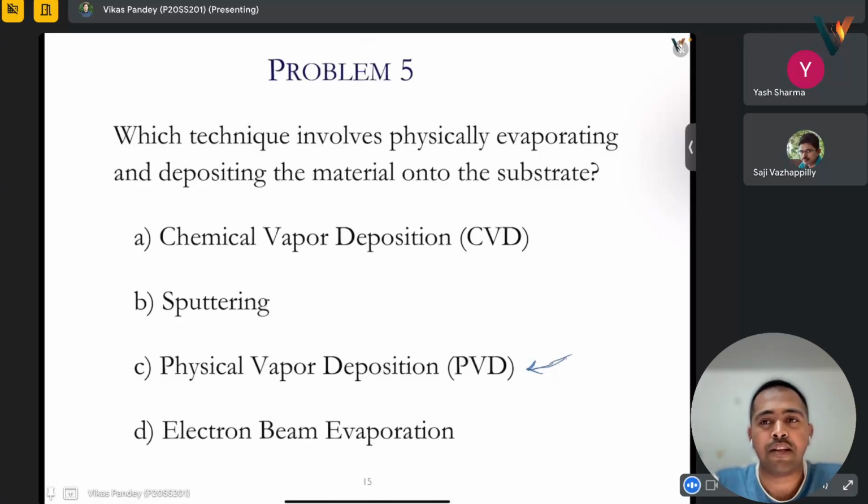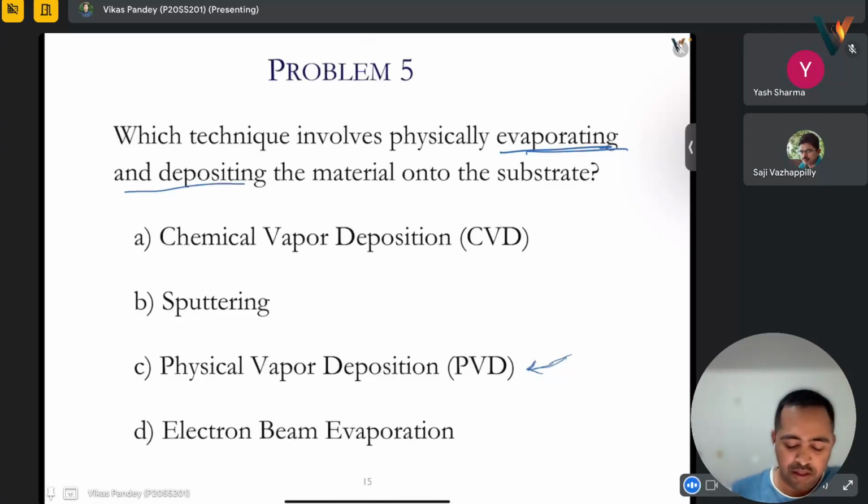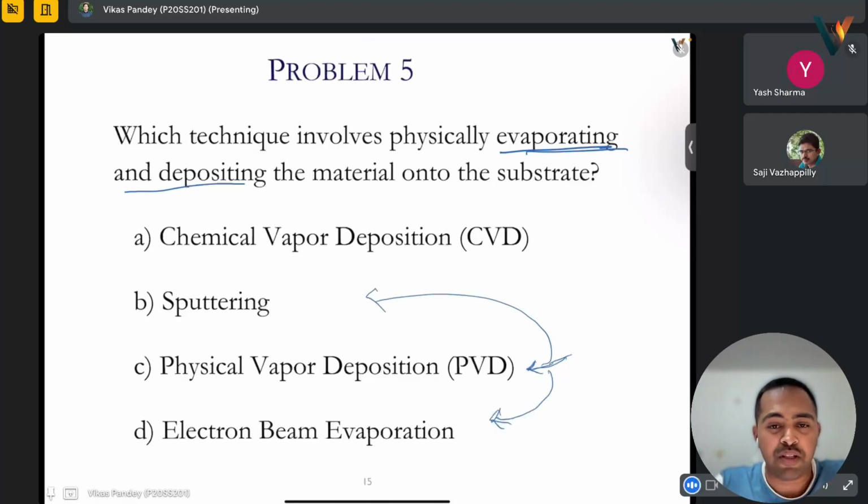Any other answers? Sir, D also, same only. Electron beam evaporation. Yeah, it is asking physically evaporating and depositing. PVD includes sputtering, thermal evaporation and electron beam evaporation. In case of sputtering, we are not evaporating. We are using the argon plasma, right?